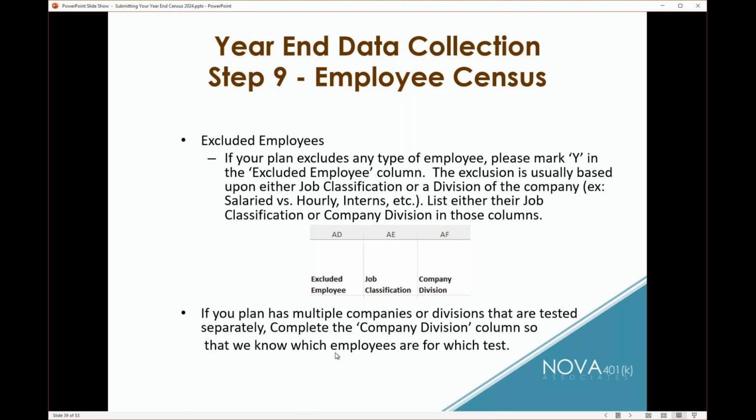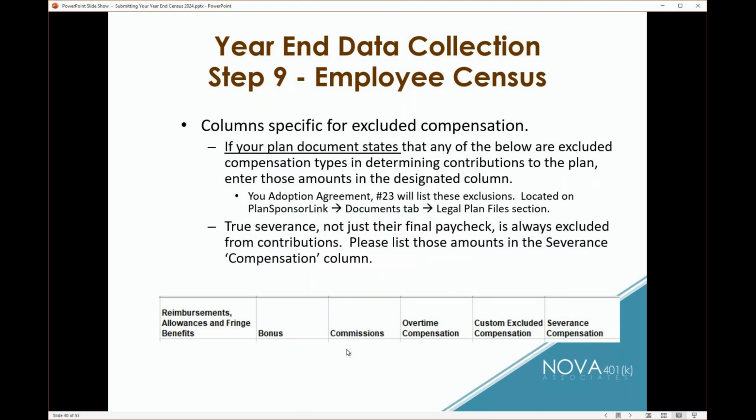All right. Excluded compensations. Your plan document will show which compensations are excluded in determining the contribution amounts for the employees who are participating in the plan. Here's where you can find it if you aren't sure and you just want to double check yourself.